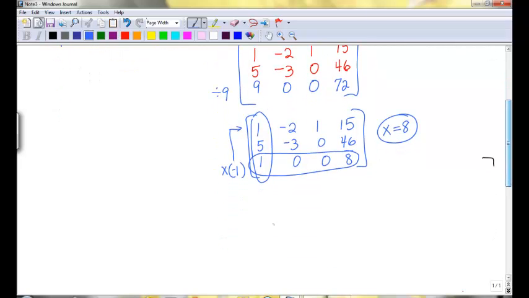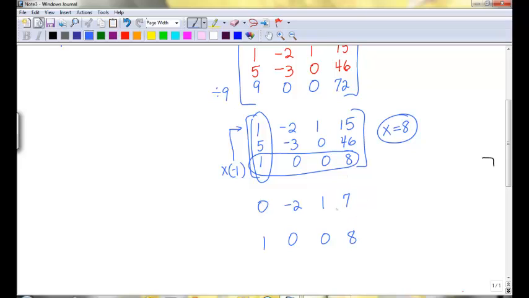So, bottom row stays the same. It's going to stay 1, 0, 0, 8. Multiply by negative 1 and add it up, give me 0. This one would stay negative 2. This one would stay 1. And negative 1 times 8 would be negative 8. And 15, I get 7.